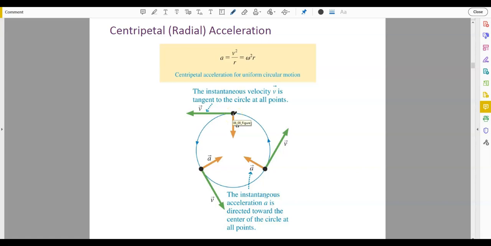Another way of saying that is you take the radial angular velocity, omega, square it and multiply it by r, and you have the centripetal acceleration, which I'm going to subscript with a c. And that tells us that these vectors are always pointed towards the center of the circle.